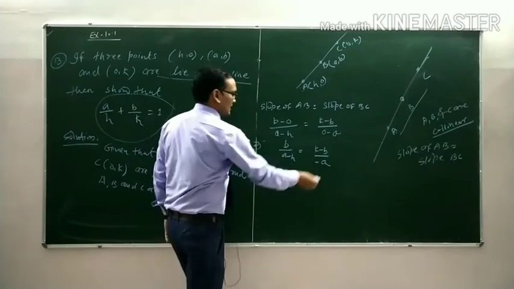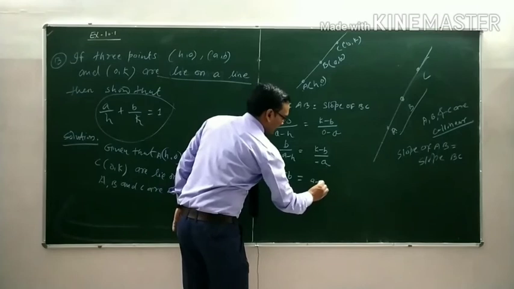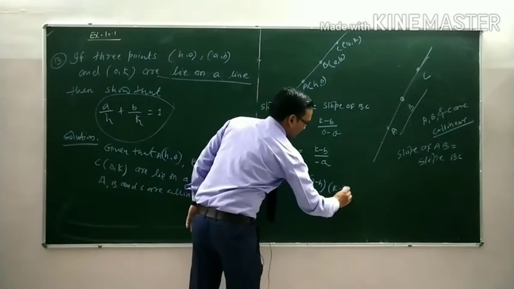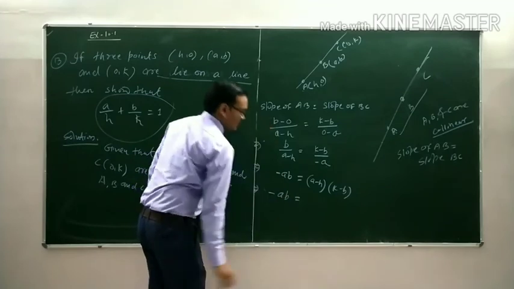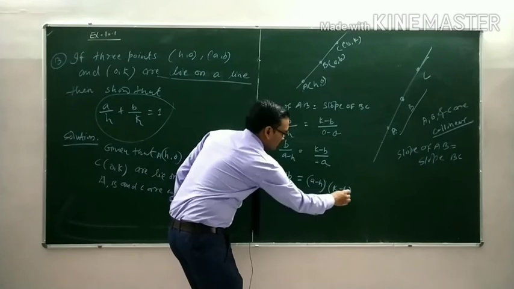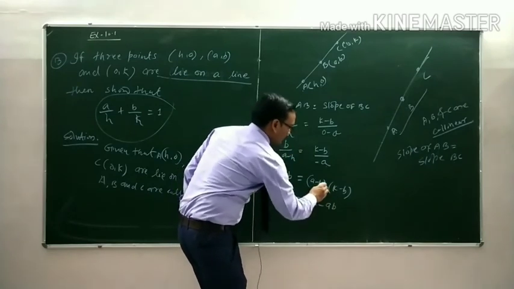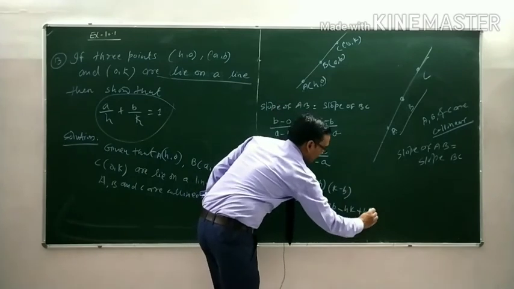This implies minus ab equals (a minus h) into (k minus b). This implies minus ab equals ak minus ab minus hk plus hb.